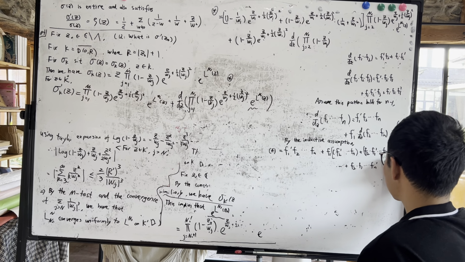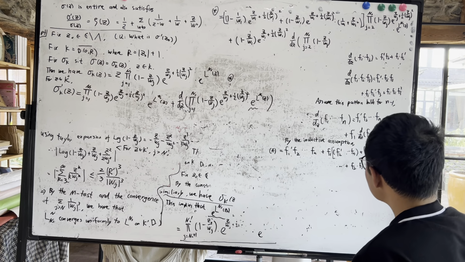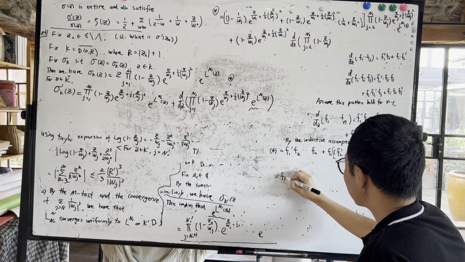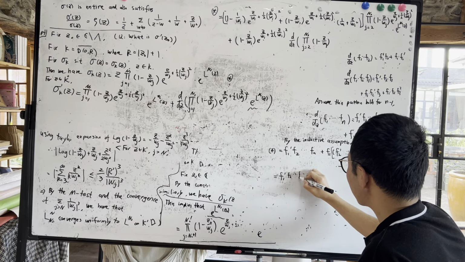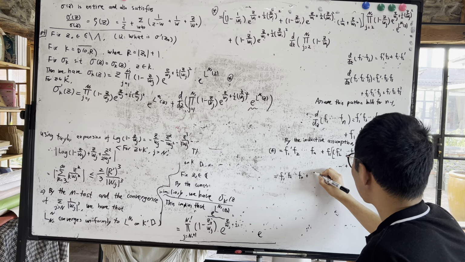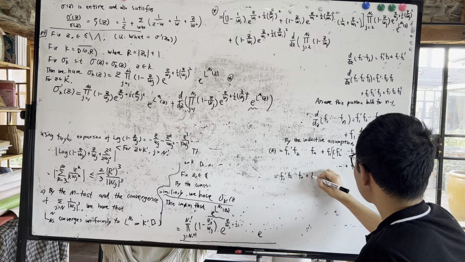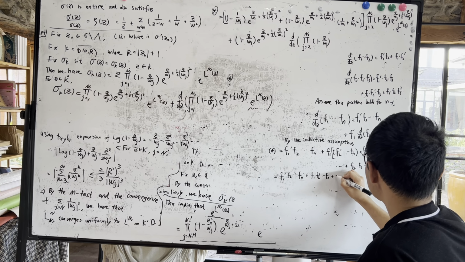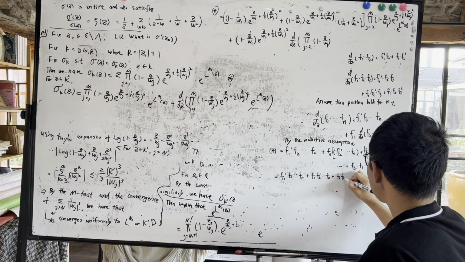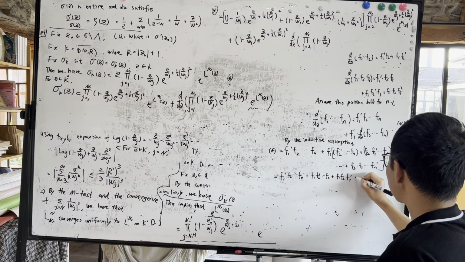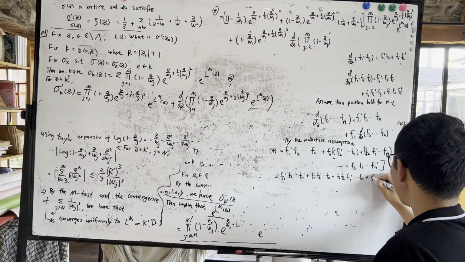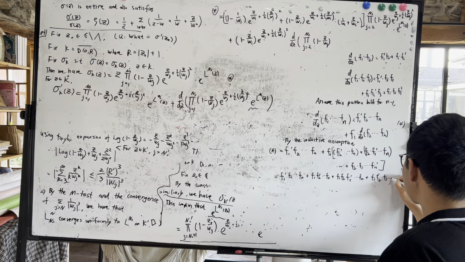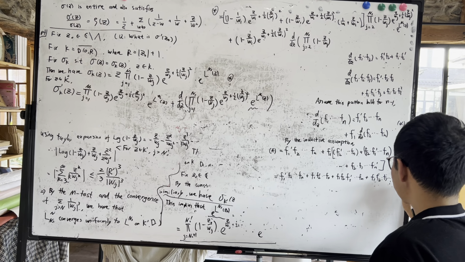Okay, so this is equal to f1 prime f2 ... fn plus f1 f2 prime ... fn, plus f1 f2 f3 prime ... fn, plus, up to f1 f2 f3 ... fn prime.